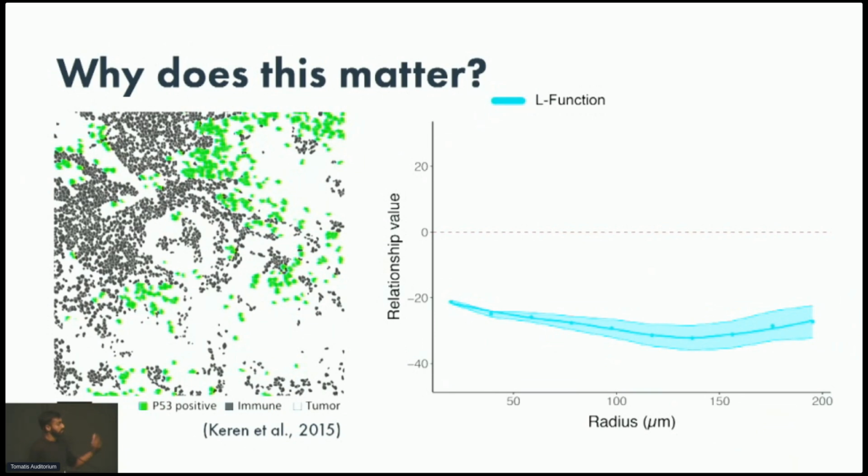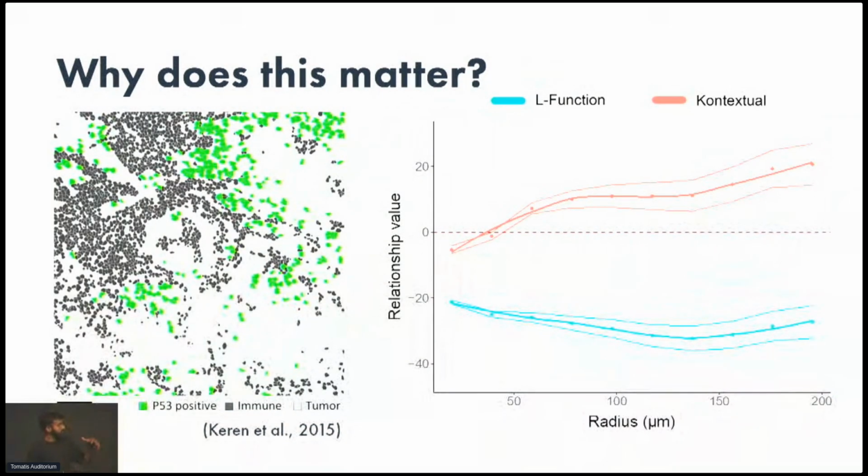However, when I use my method Kontextual, you can see that we start to get some positive association over some range of radii. And what Kontextual is telling me is that relative to the spatial behavior of all the tumor cells in the image, these p53 positive tumor cells appear much more localized to those immune cells, which we can confirm by eye, where we see that these green cells appear much closer to that tumor immune interface relative to those gray tumor cells.